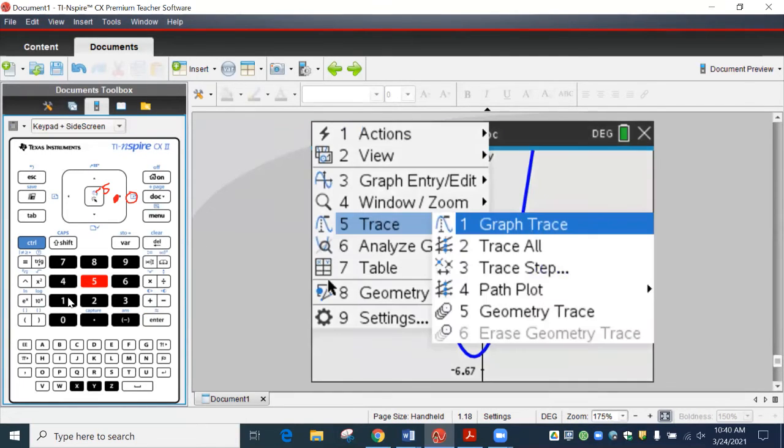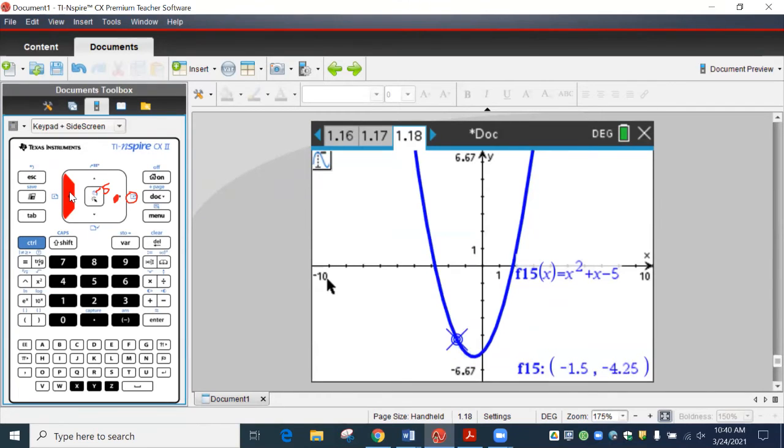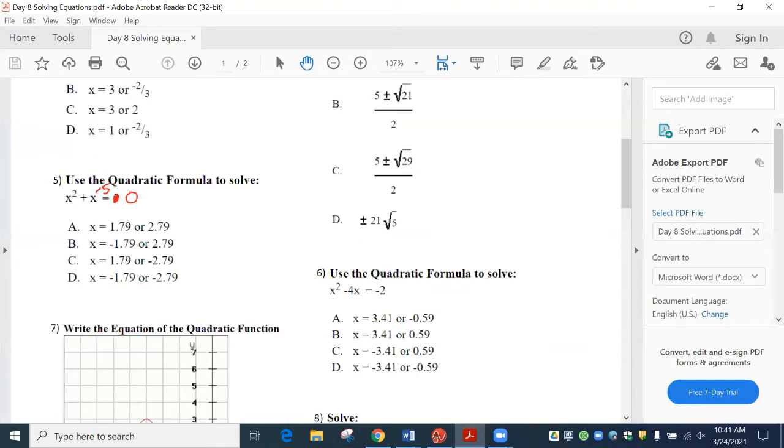So menu 5-1. I had a great question today. I want to stop and talk about this for a second. The last few weeks, we've been doing stuff where we type in the problem and we type in the answers and see if it changes color, right? How do you know when you're supposed to hit menu 5-1 like you do on this one, and how do you know when you're supposed to change the color?